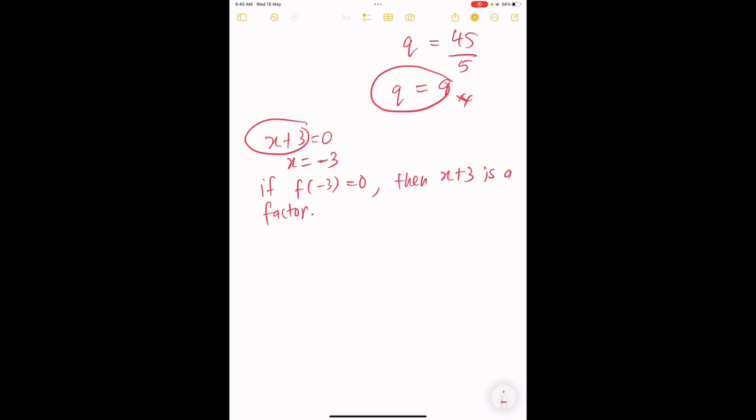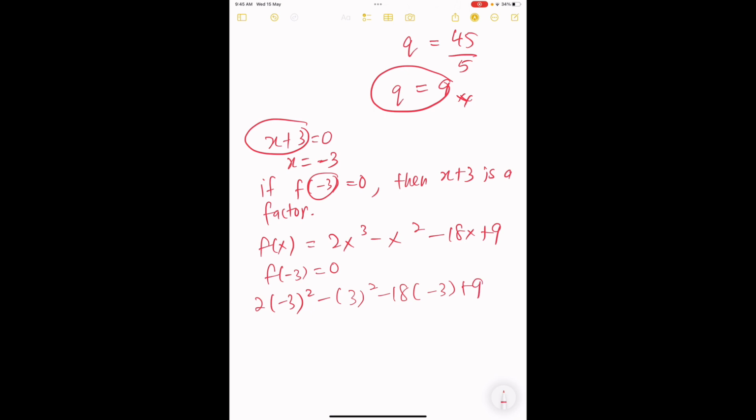So just now we already have the new equation, f(x) is equal to 2x^3 minus x squared minus 18x plus 9. After putting in the p and q values, this is the new equation. We try to put x equals minus 3 inside. So 2(-3)^3 minus (-3)^2 plus 18(3) plus 9 is equal to 0.